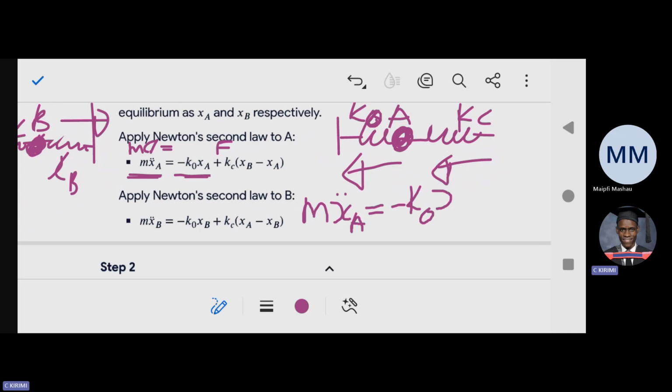Remember, once I move A, I'm also moving KC with the same displacement. It does not change, because it's attached to the same, so displacement of ball A, which is also minus, because it's in the same direction, KC multiplied by XA. Remember, I did not attach anything to that spring. It will be like this.